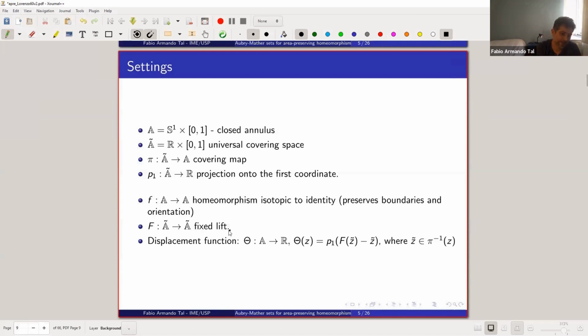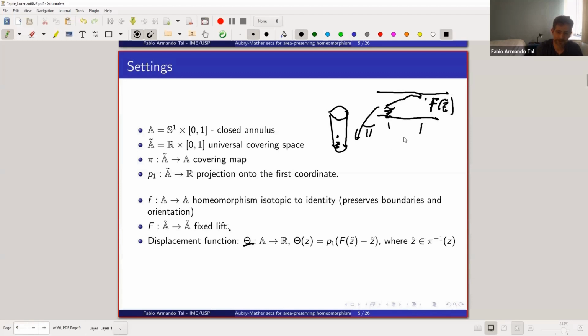So you can have the lift of your homeomorphism on the annulus, and then you're going to have the displacement function. This is defined on the annulus, but if I take a point Z on the annulus, and then I go to the universal covering, I take any point Z tilde which projects by P on this, I look where this point Z tilde is going to end, and I calculate the horizontal displacement.